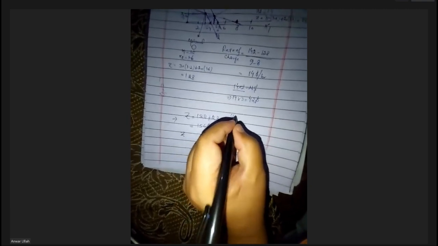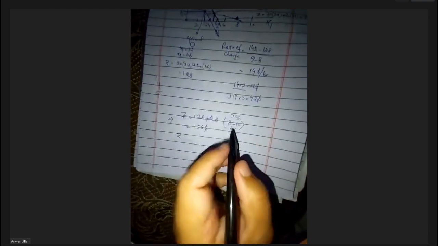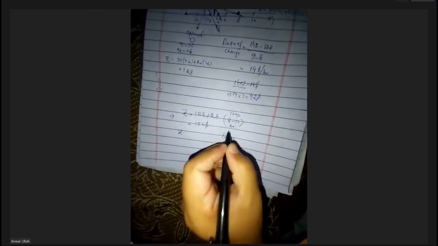Now if this change is from 8 to 11 hours, like 3 hours of change, then it is equal to 128 plus 14 into 3.